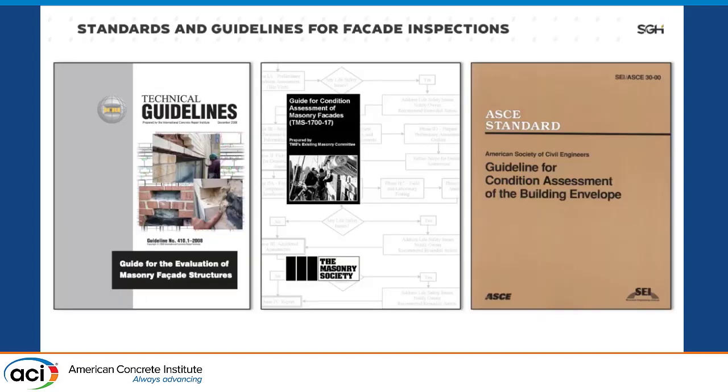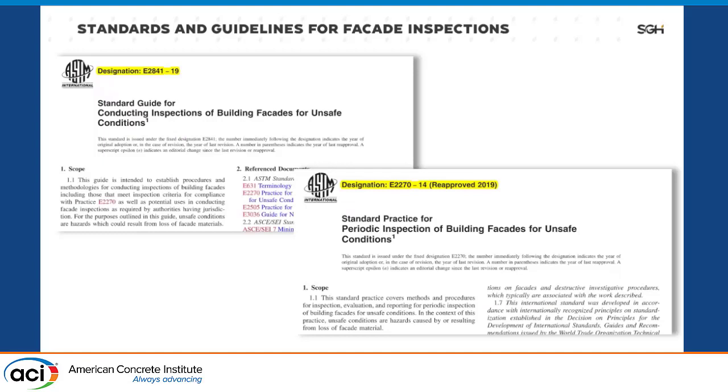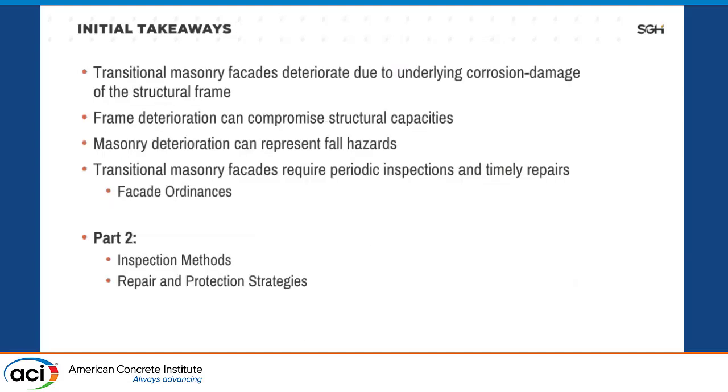I'm not going to go into detail on this, but if you're interested, there are some standards that can be used for the inspection of facades in general, not necessarily traditional masonry. This is a good one published by the ICRI, which is specific to evaluation of masonry facade structures. There are also ASTM standards that are useful for performing inspections.